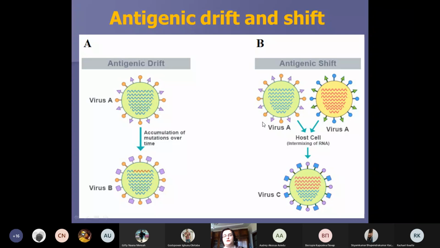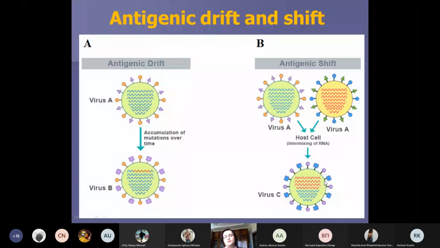During antigenic shift, antigenically different strains can infect the same cell and can reassort genome segments with each other, producing hybrid progeny.